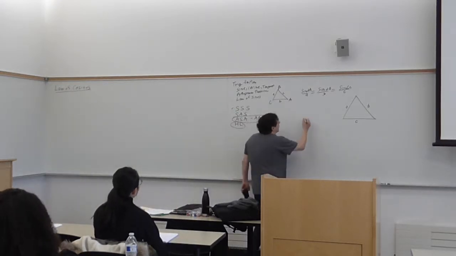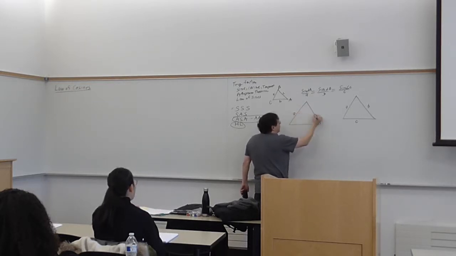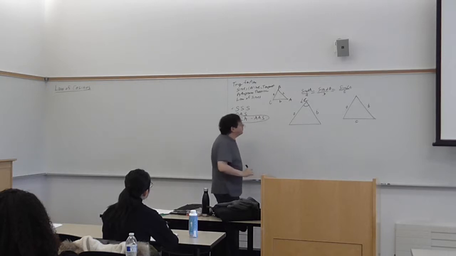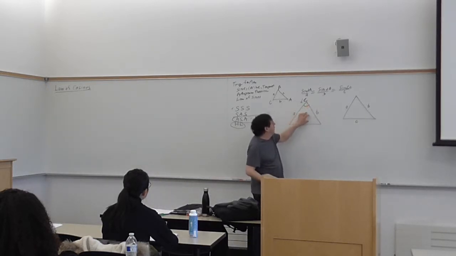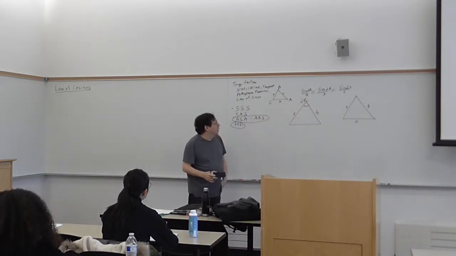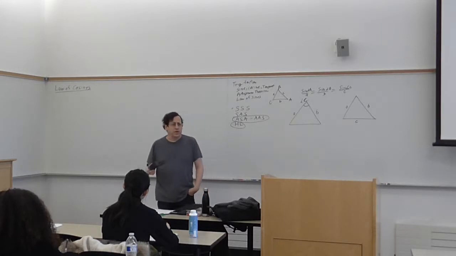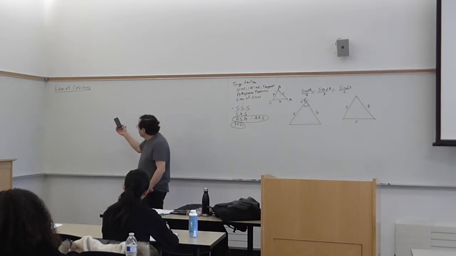The other kind of problem we might run into is when we know two of the sides, and we know the angle between them. The law of sines doesn't do us any good here because we can't complete any of these ratios. So we're kind of stuck. We need a new tool, and this is kind of the last tool. This tool is called the law of cosines.